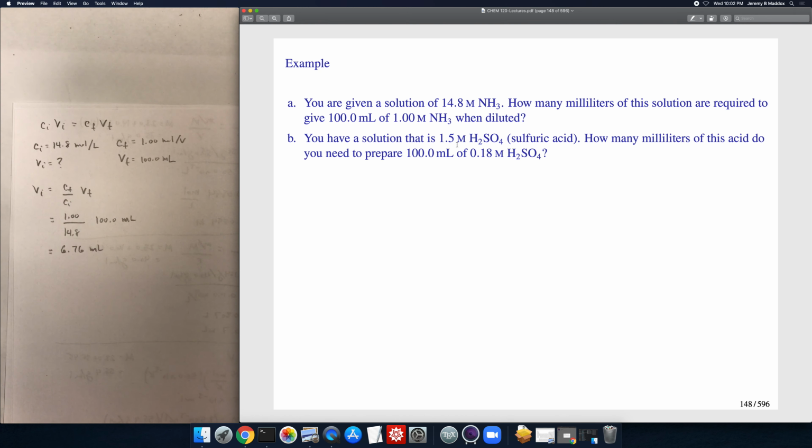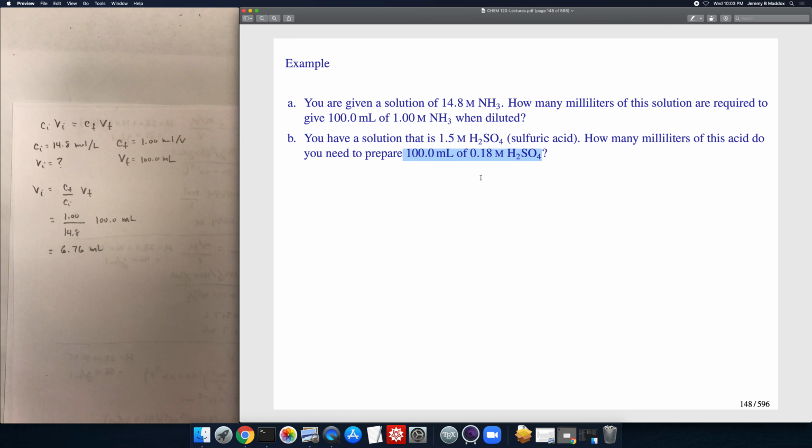The follow-up problem, part B, is identical to this one. You have the stock solution here, this 1.5 molar sulfuric acid, and you're trying to prepare 100 milliliters of 0.18 molar sulfuric acid. And so the question is, how many milliliters of this acid do you need to prepare this particular volume with that concentration?